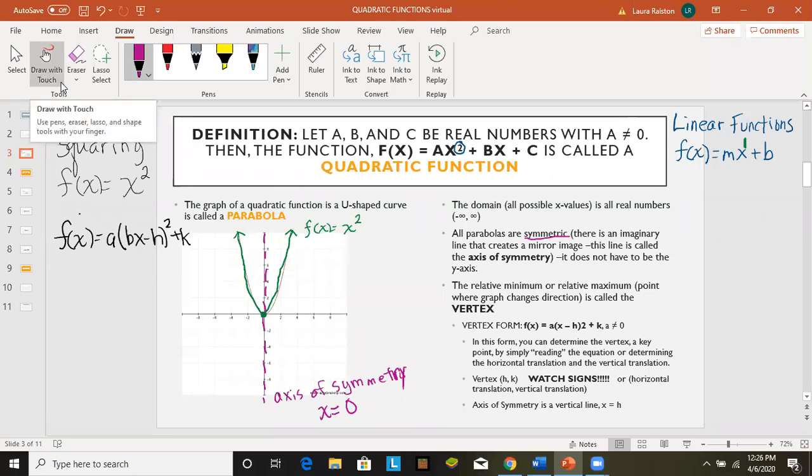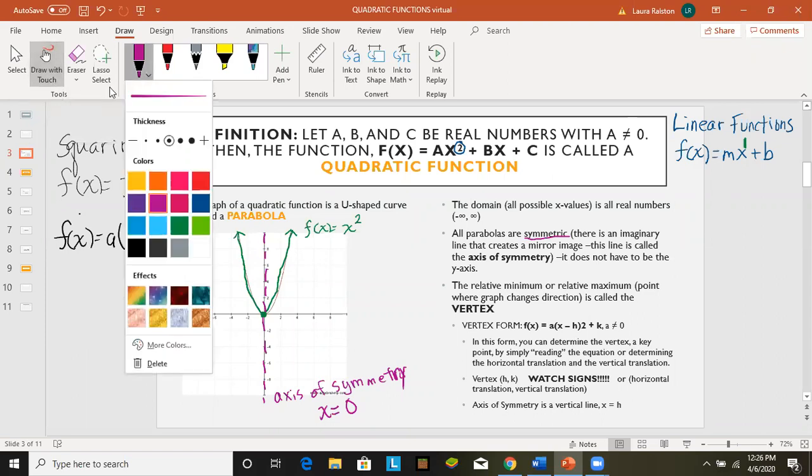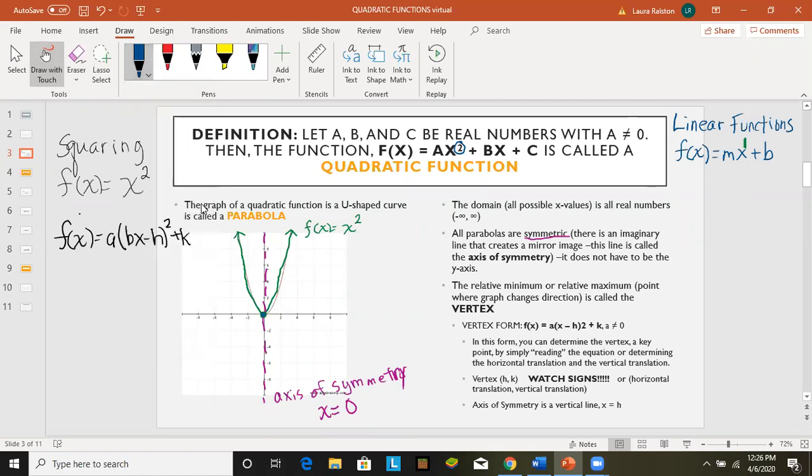Our relative minimum, if you'll recall from previous discussions, is the point where the graph changes direction, and it's either a minimum or a maximum depending upon your graph. On our basic parent graph, that is this point right here, and since it's at the bottom, this would be our relative minimum.